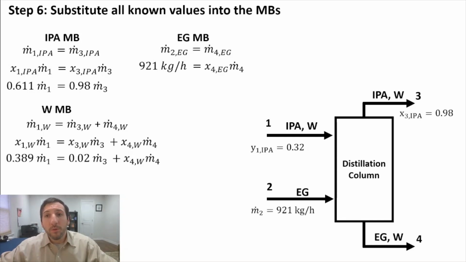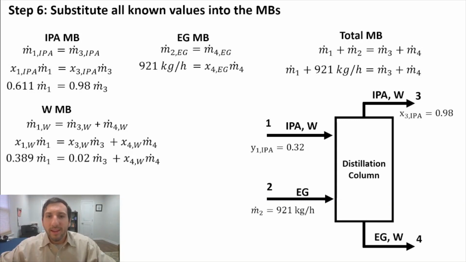We're going to move over to our total material balance and substitute in what we know, which is M2 dot. We are left with M1 dot plus 921 kilograms per hour equals M3 dot plus M4 dot. We've got three unknowns, one equation. Oh dear. So we've got a bunch of material balances, and yet I don't have any one equation to work with. Huh. Is there any other information that I might be able to use?